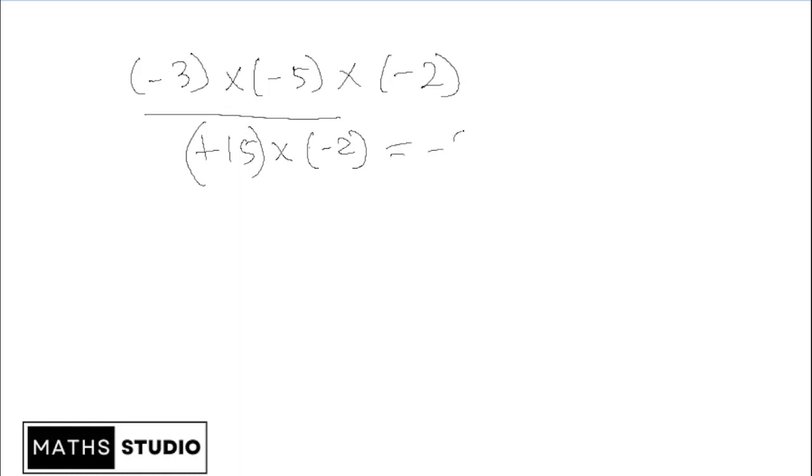So overall it would be minus 30. So whenever there are odd number of minus signs, the overall result will be minus only.